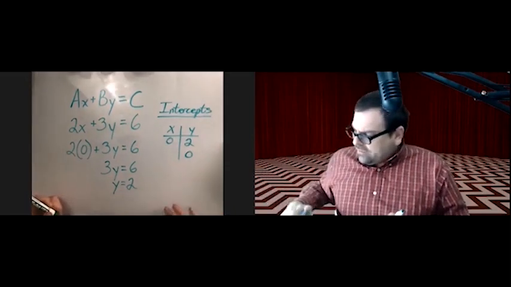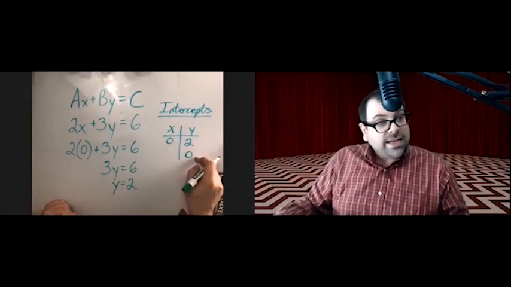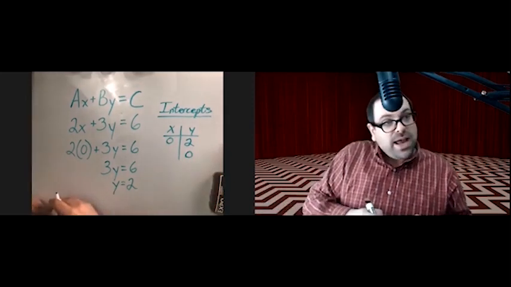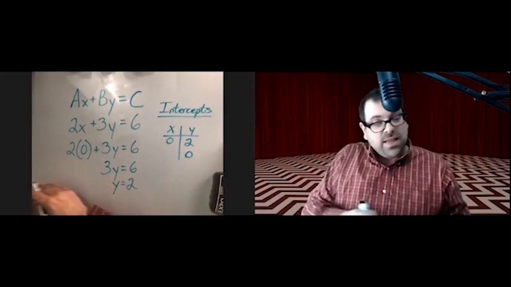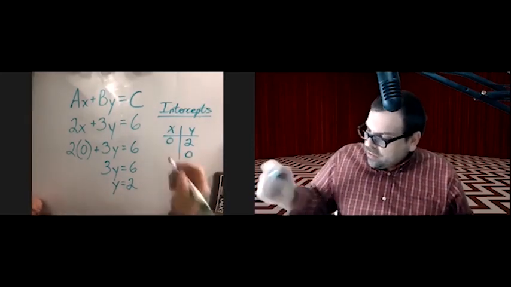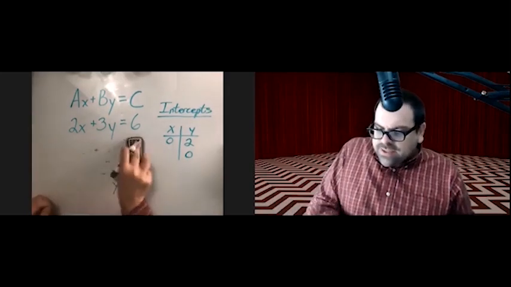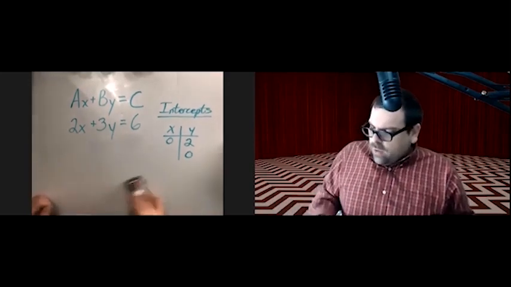We can go ahead and find the other intercept where y is 0, so we don't move up or down at all. We're just moving left or right along the x-axis. It'll be an x-intercept. And to find that, we plug 0 in for y.